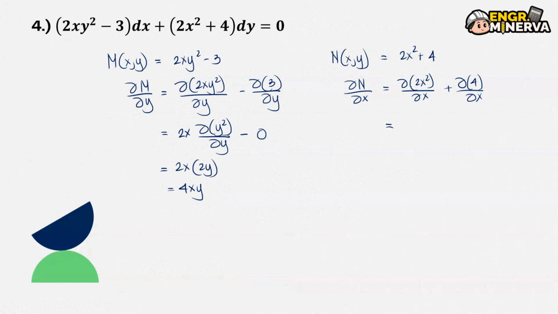The derivative of 2x squared would be 4x plus 0, so this is 4x. Since the partial derivatives are not equal, this is not exact.